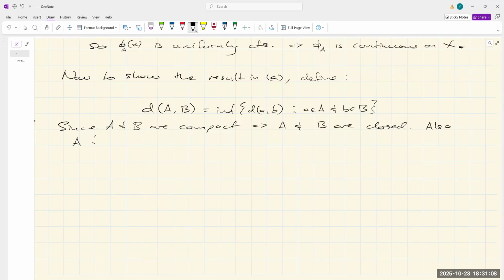Also, A and B, we are told, are disjoint. Okay, so A and B are disjoint closed sets, which means any limit point of A is not in B, and any limit point of B is not in A. So they don't have any points in common, and they don't have any limit points in common. So therefore, we can say thus.